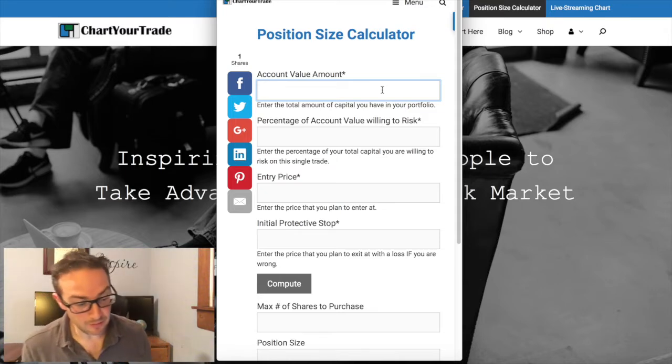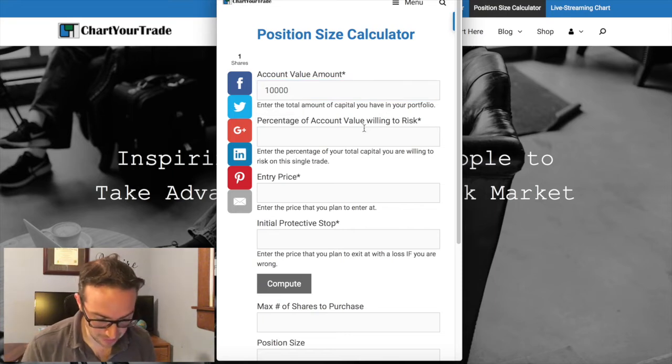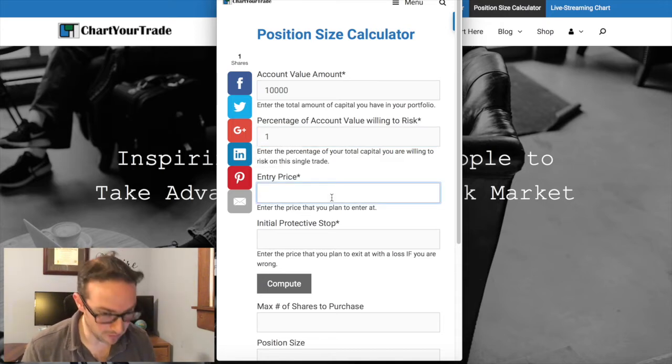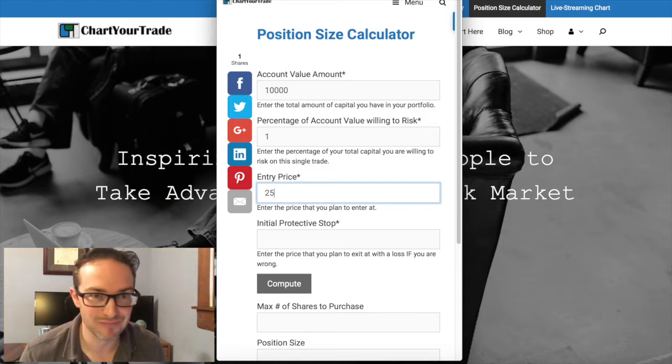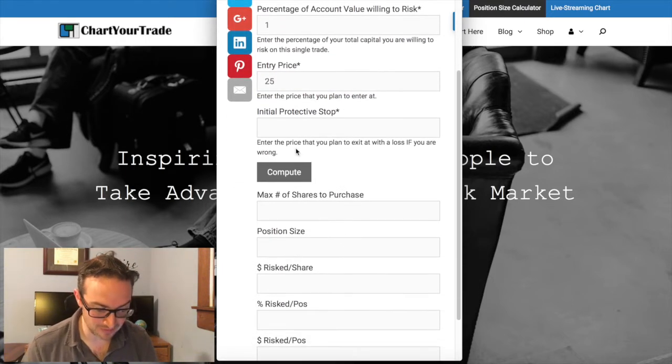So to stick with our example from earlier, let's put $10,000 into the amount of capital that we have. And let's say that we want to just risk 1% of that capital. And let's say that we have a stock, and the stock is trading at $25 a share, right? $25 a share. Let's see what this gives us.